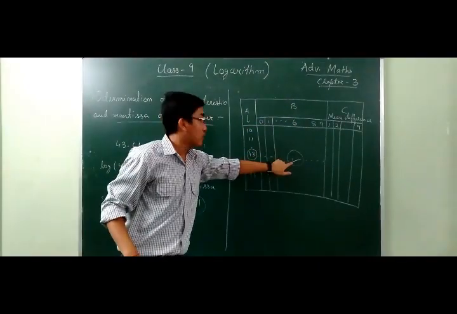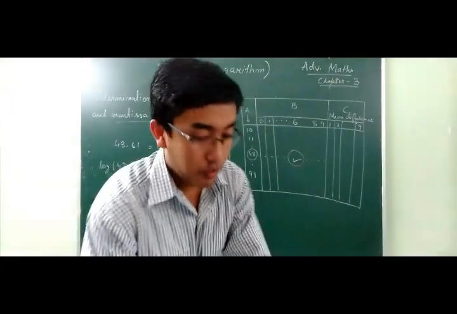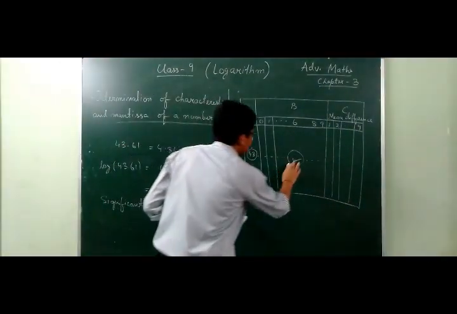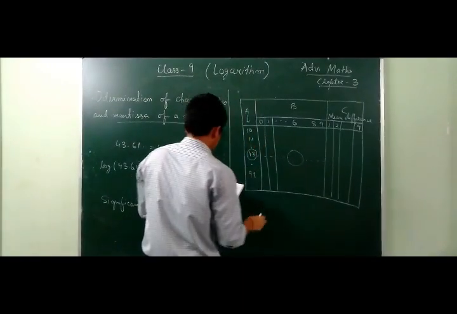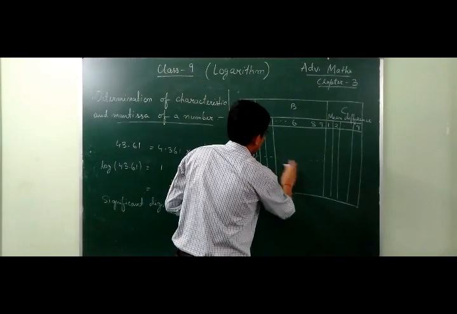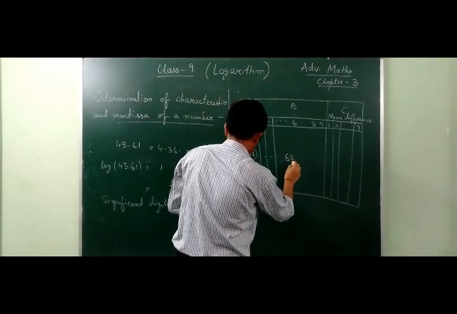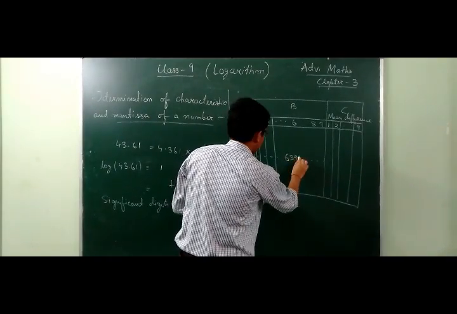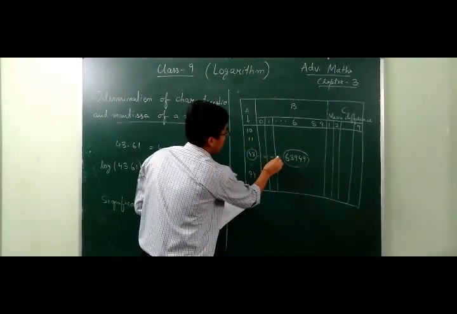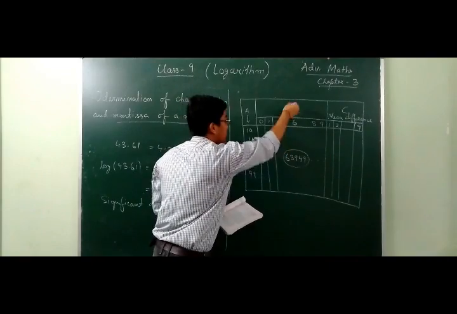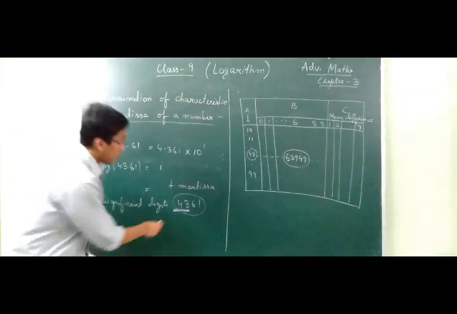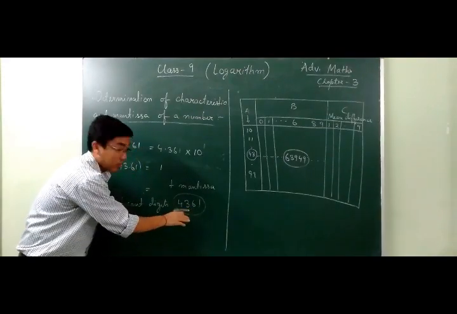If you check the number from your log table, you will get 6, 3, 9, 4, 9. This will be the number which corresponds to your 43rd row and the 6th column of B. Now 3 significant digits are over. The last one is remaining.